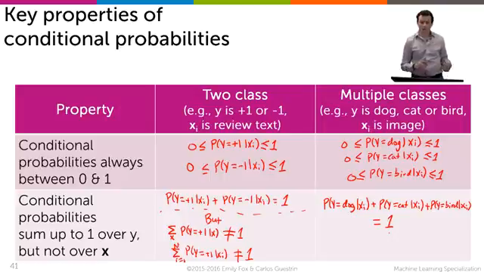And here you go. Now we've covered very quickly a summary of the key properties of probabilities and conditional probabilities, and we're going to use them at a high level throughout this particular module and throughout the specialization.